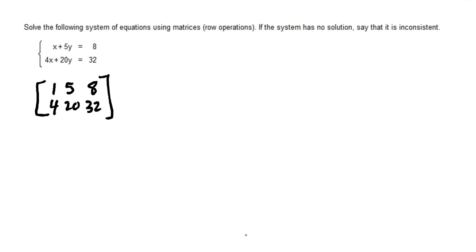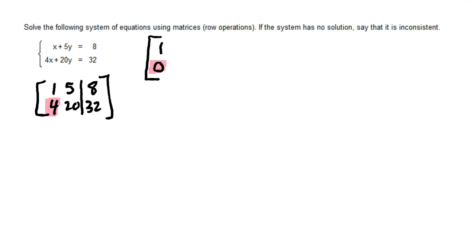Now to solve this system, to solve this matrix, what I want to do is to get the matrix in a format where I have a 1 and a 0 like this. Basically, I need to eliminate this term, and if I eliminate that term, I'll be able to solve the system.